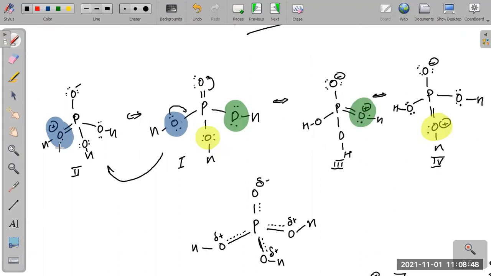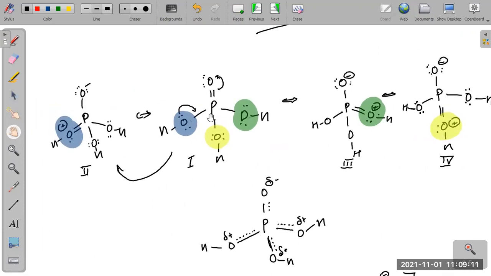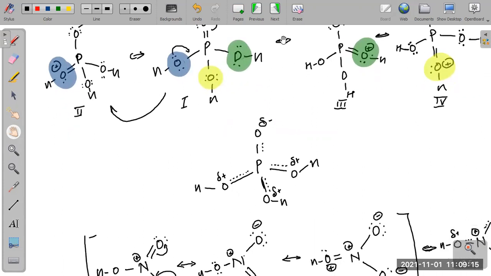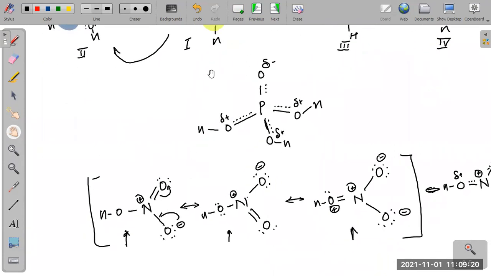In one of the cases, the blue marked oxygen is participating in the delocalization of its lone pair of electrons. In the other case, the green shaded oxygen is participating in the delocalization of electrons, and in the third, the yellow shaded one is participating in the delocalization of this pi bond via the vacant d orbital, at the end creating this hybrid structure.